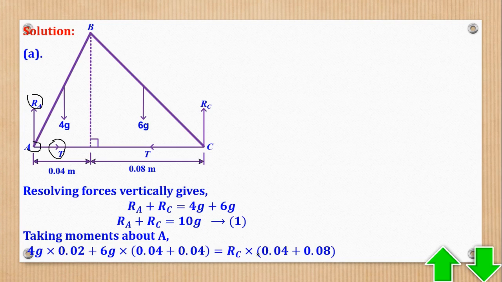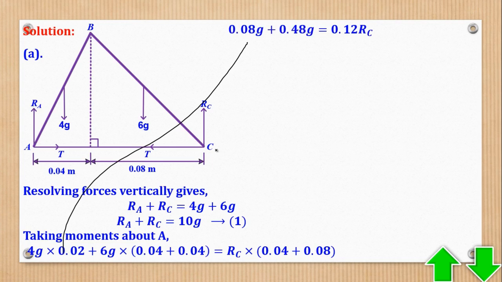So this side, it will be RC times 0.04 plus 0.08, because from here to here 0.04, then from here to here 0.08. So next is simplify. When I simplify, this gives me that, and this gives me that, and this gives me that.